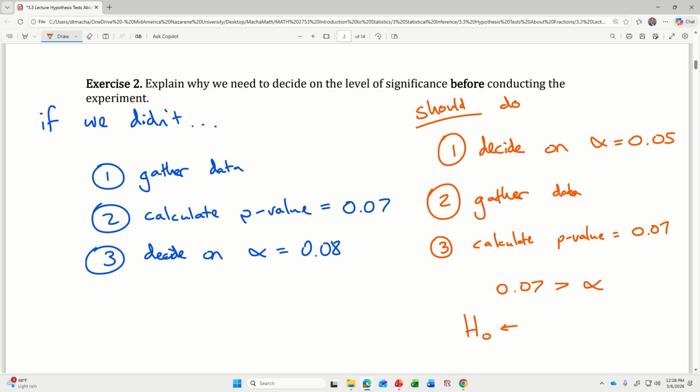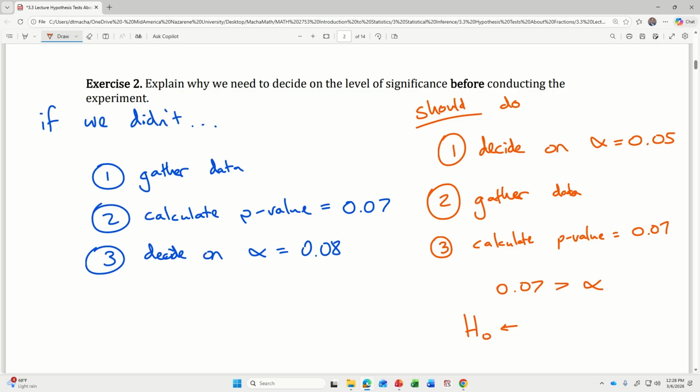This is also why it's important to publish your entire plan for your experiment before you carry out the experiment. Because if I decided on an alpha, and then I calculated this p-value, and I haven't published anything yet, and nobody in the outside world knows what my plan was, I could just take my eraser and change my alpha back to 0.1, right?